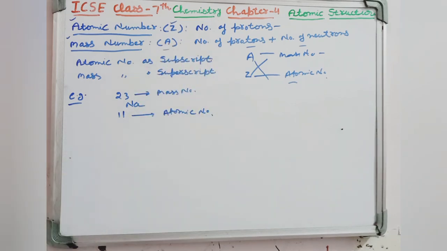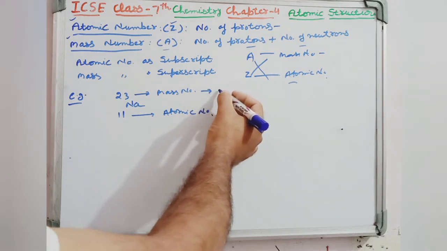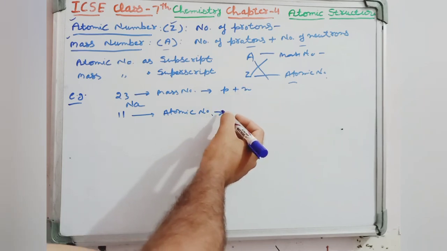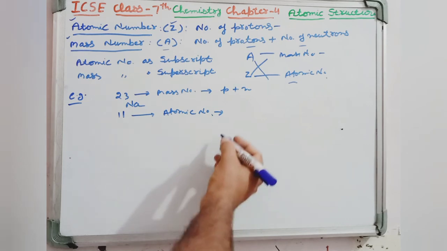Right? Mass number means the number of protons plus the number of neutrons, whereas atomic number means the number of protons.